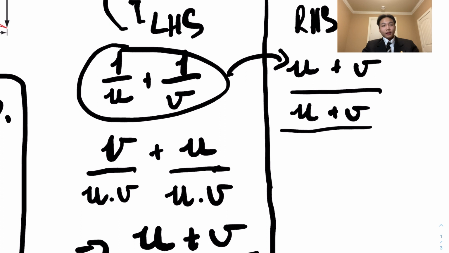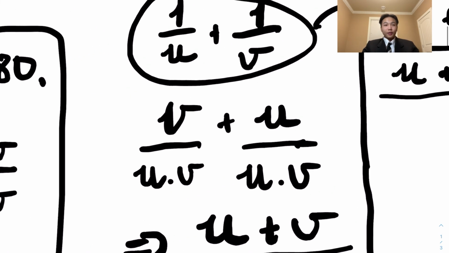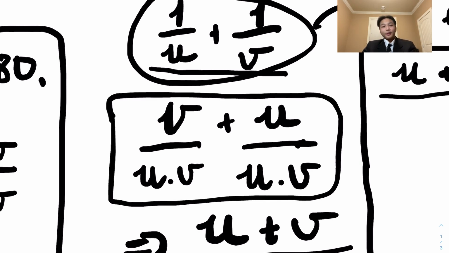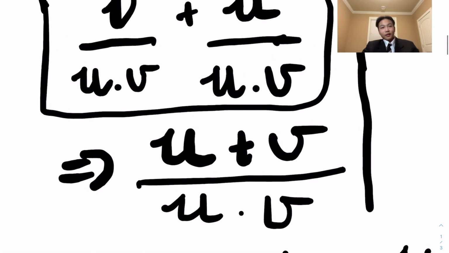Let's begin. We want to turn 1 over u plus 1 over v into u plus v over u times v. It's simple. We just need to reduce these fractions to a common denominator. This is the step to the common denominator, and boom, we have proven the problem.